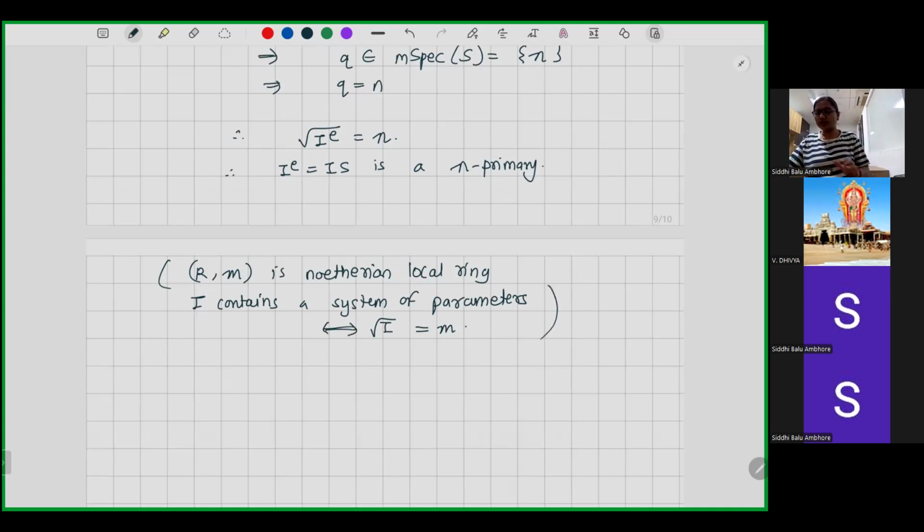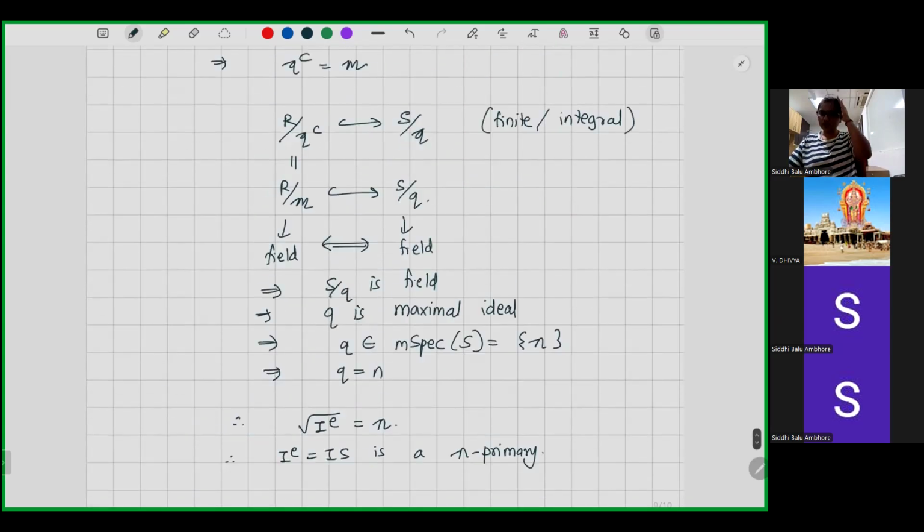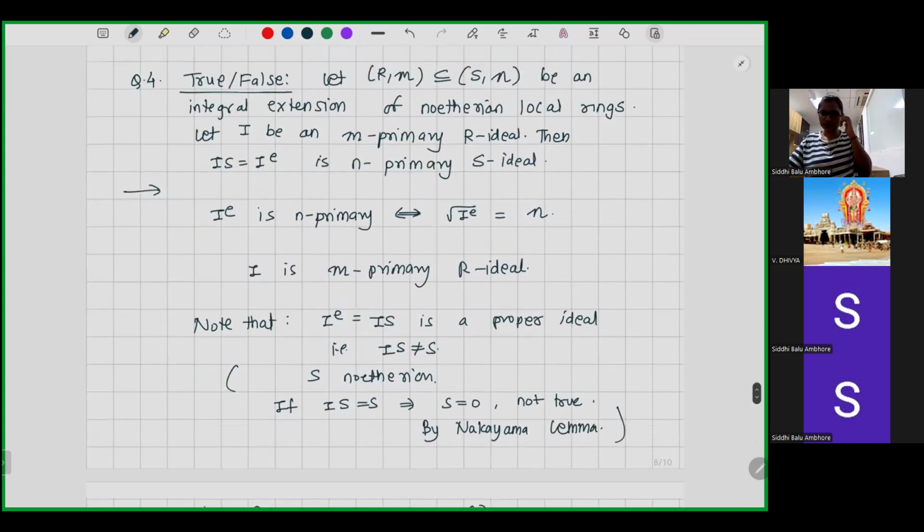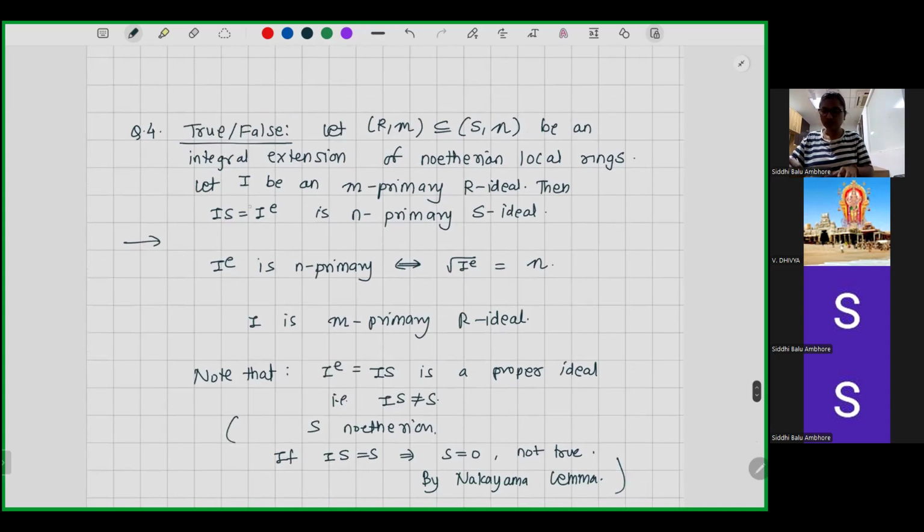So once we get that, if I contains a system of parameters of R, then the extension of I contains a system of parameters of S. Okay, is this clear?